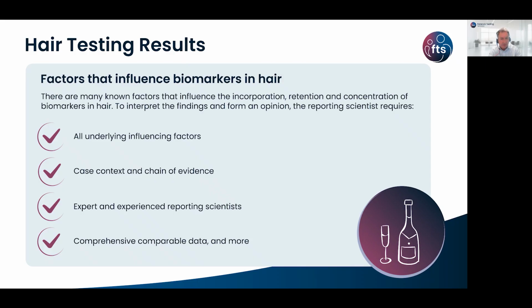And rather than relying on a binary, for instance, Society of Hair Testing cutoff, you want to be getting an expert opinion report from a reporting scientist or reporting toxicologist who has access to all the information that's relevant, not only to what the laboratory's found, but the circumstances of the client and their background. So really what you're looking for is a very comprehensive report.